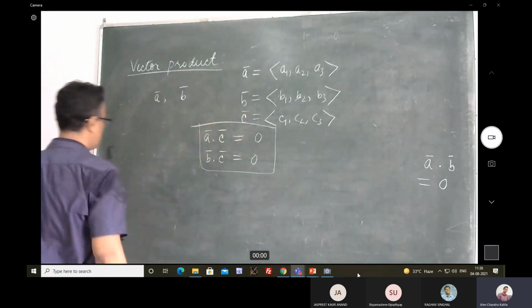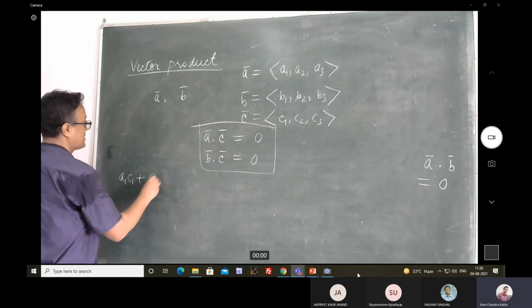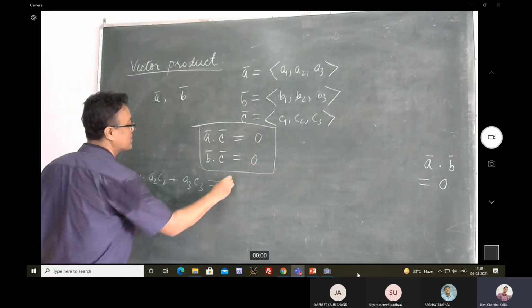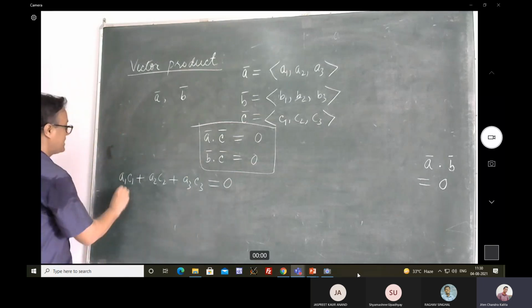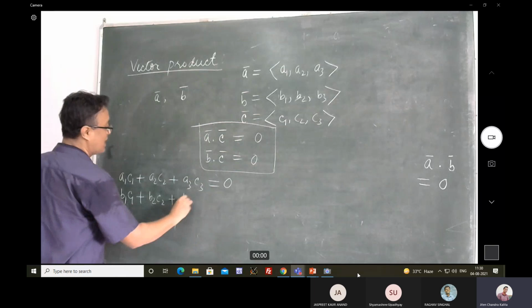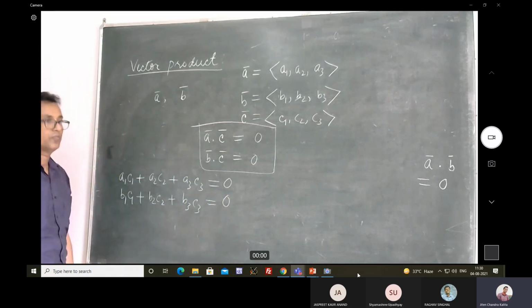So from these two relations, what do we get? We get A1 C1 plus A2 C2 plus A3 C3 equal to 0, and then B1 C1 plus B2 C2 plus B3 C3 equal to 0.